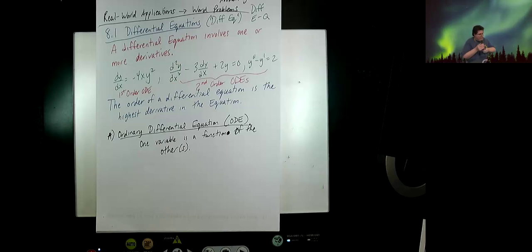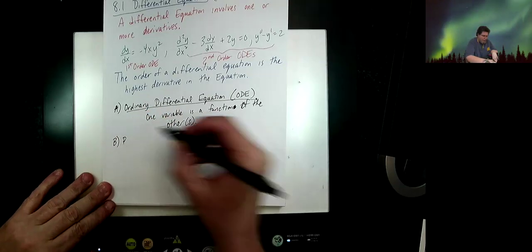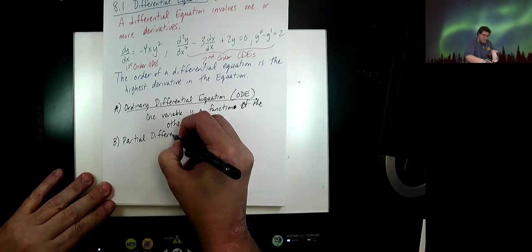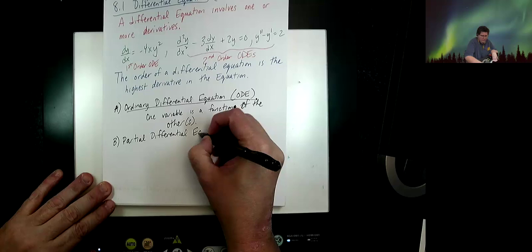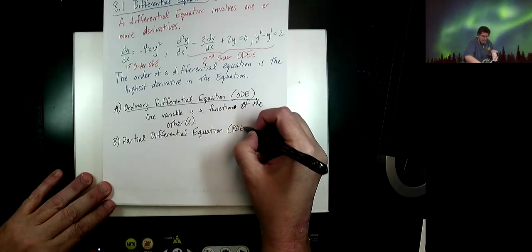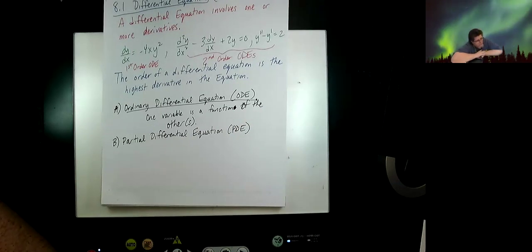Now the other form, and I don't think it even shows up in Math 81 here, is the partial differential equation, PDE. I can't remember if this was even available in upper division mathematics.